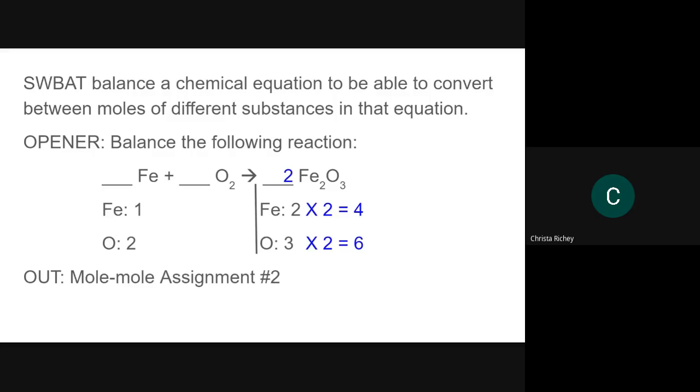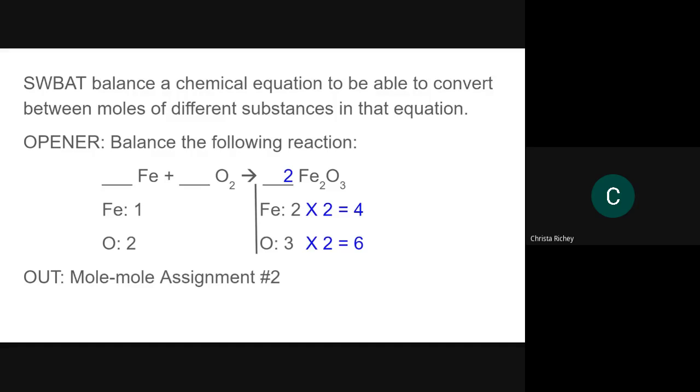So on the right now I have 4. On the left I have 1. Originally, if you would have started with iron, you would have done times 2. That just wasn't enough. Like I said, I know that oxygen is the problem child and you normally start with that one. So if I have 4 on the right now total, and I have 1 on the left, what are you going to do to the left-hand side to make it equal?